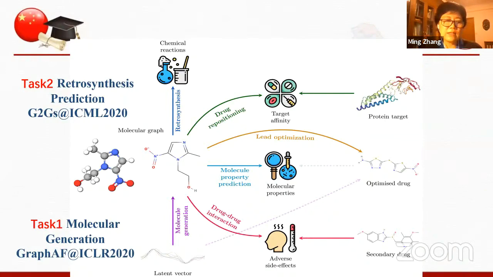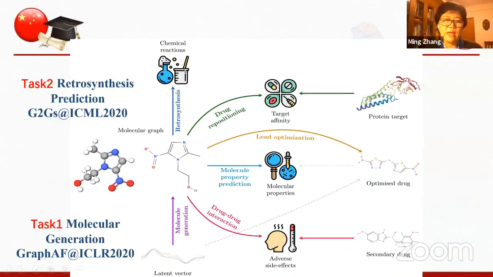But we can see that typically for drug discovery, the first one is molecular generation. So we need to generate some structure of a molecule, and if we announce that this is a new drug, how can we compose this drug? So how to make this drug? So the second task is retrosynthesis prediction.